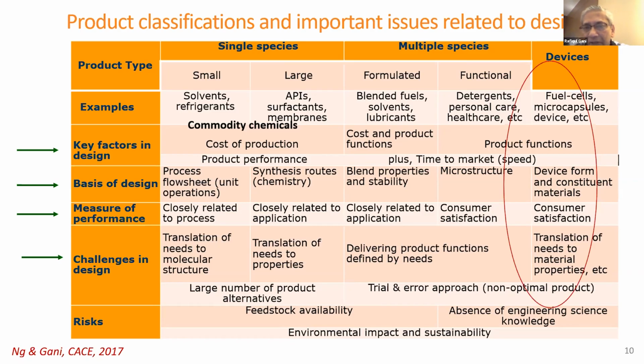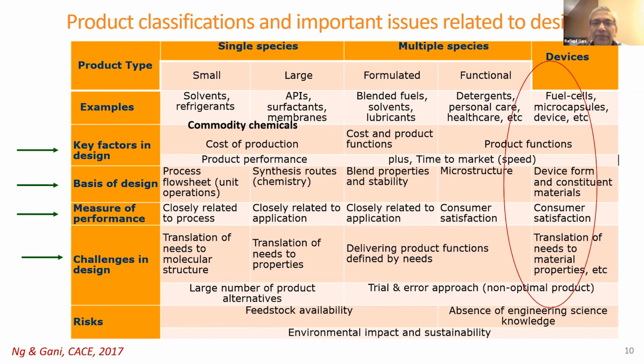If you look at the multiple species products, functional or formulated, the product function is very important. First time correct is very important. Time to market is very important. If you look at the challenges in design, one can see different kinds of challenges. In the case of small, it's translation of needs to molecular structure. If you look at the formulated or functional, it is delivering product functions defined by the needs.